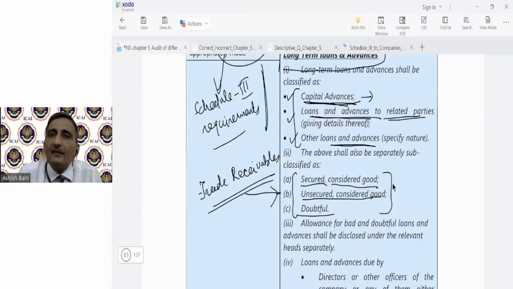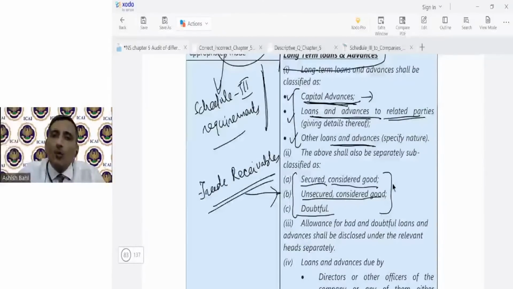Loans and advances, short-term loans and advances, and trade receivables both fall under the head of current assets. Similarly, long-term advances are also part of non-current assets. But these are also assets and these are recoverable.